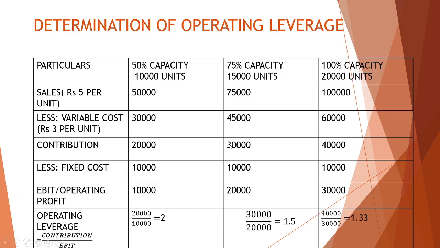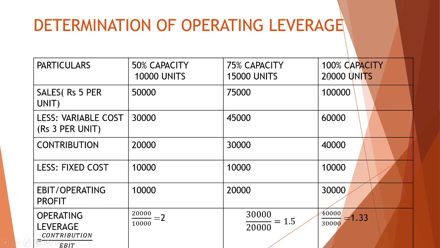So contribution is equal to 75,000 minus 45,000, which is 30,000. Less fixed cost, it remains the same, 10,000. So the EBIT or operating profit is equal to rupees 20,000. So operating leverage is equal to contribution divided by EBIT, which is 1.5 times.